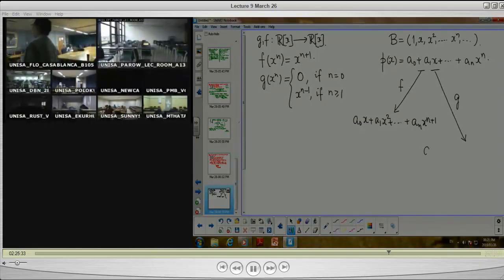Clear? So by that linear extension principle, these have to be linear operators. Okay, good. Now let's see what is G composed F.